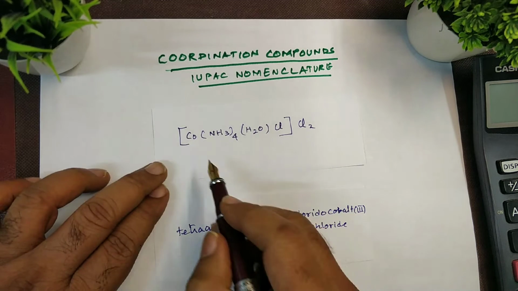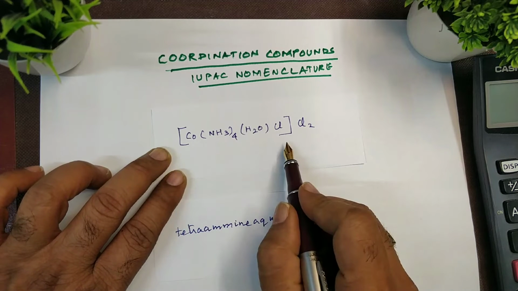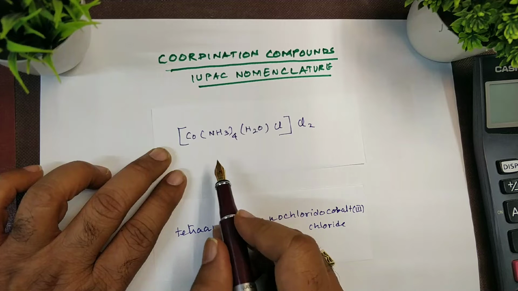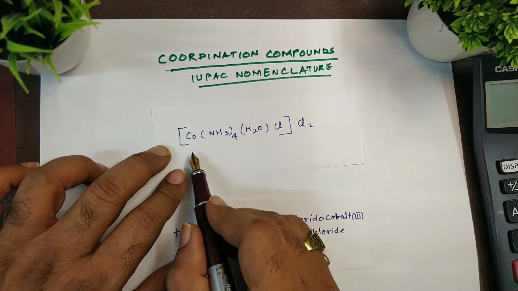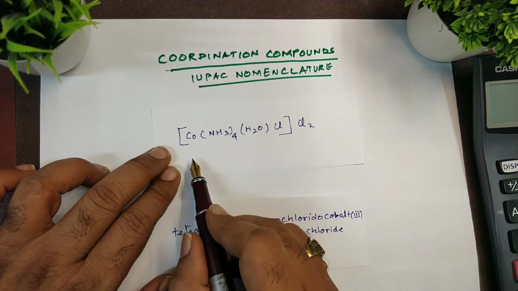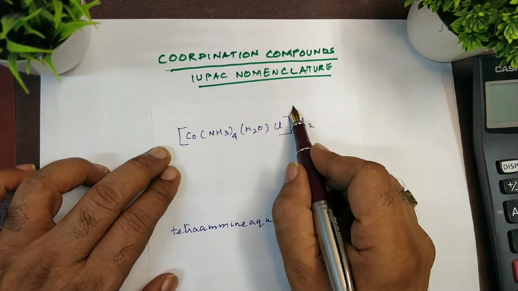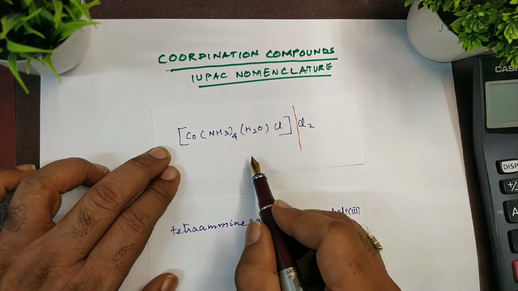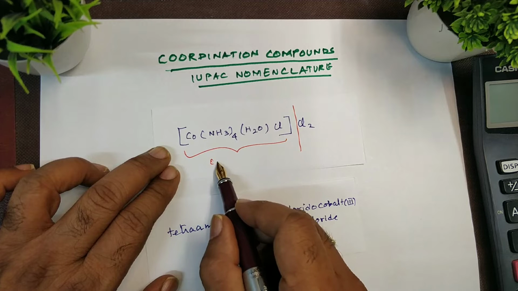Now, first of all, when you have got such a complex compound, you should be able to identify the type of complex ion. Here the complex ion is indicated by this square bracket. When it is ionized, this becomes plus and this becomes minus. So this is the complex cation.